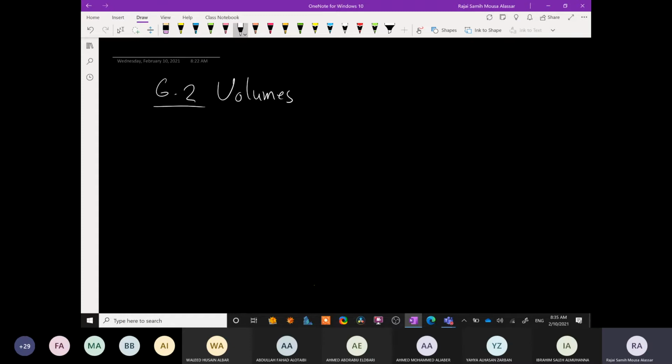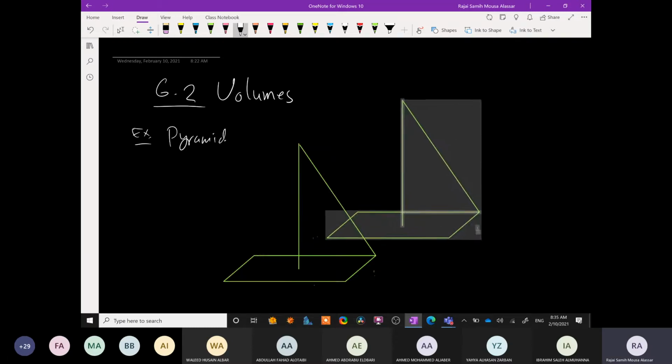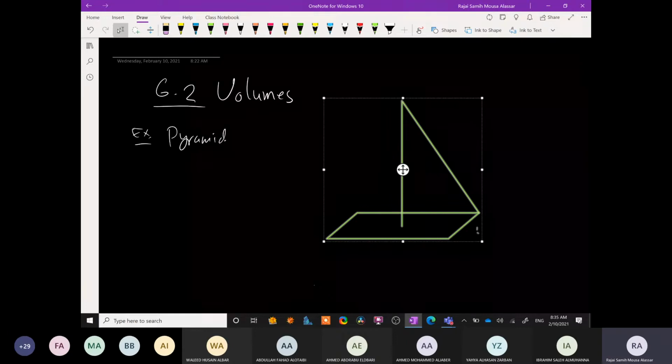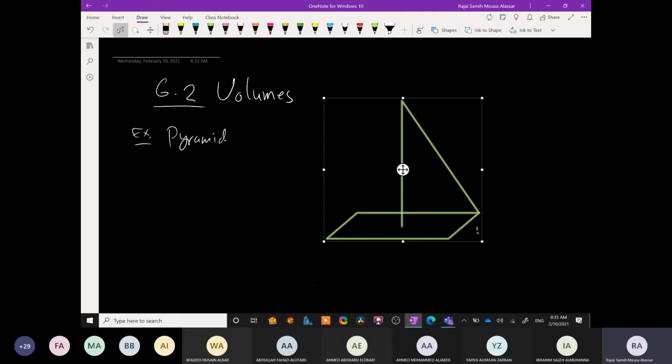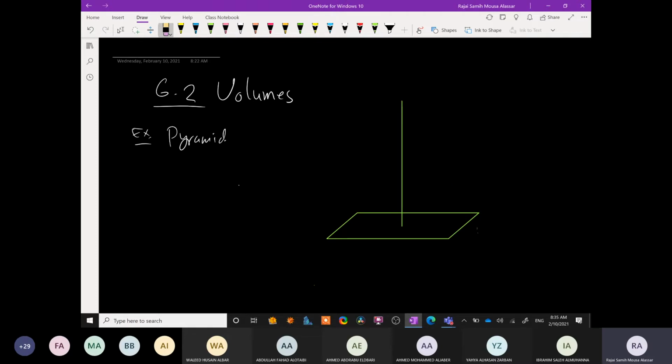In order to calculate the volumes of shapes, let me just start with this example, which is the pyramid. Okay, let me just put that here. I tried to do this pyramid, and that gave me a hard time in terms of these lines. But anyway, let me just remove that and do this by hand. Okay, so this is a pyramid.